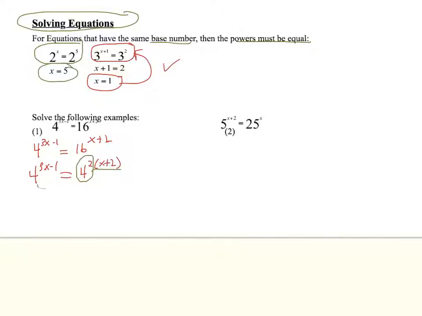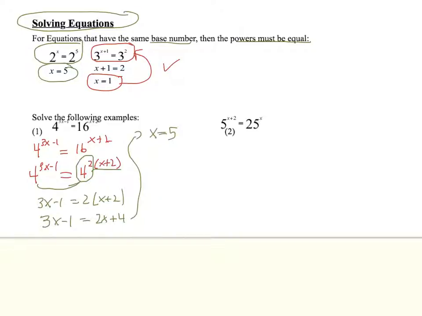Now, because our base numbers are the same, that means that 3x minus 1 is equal to 2 times x plus 2. Right? So now we have to use the distributive property. 3x minus 1 is equal to 2x plus 4. And so that gives us x is equal to 5.